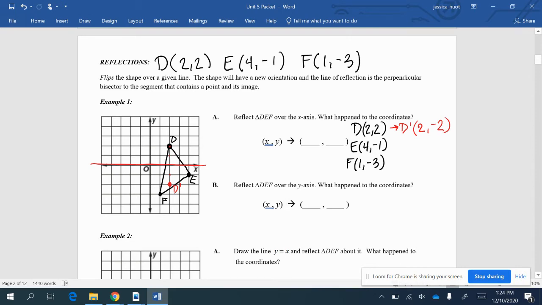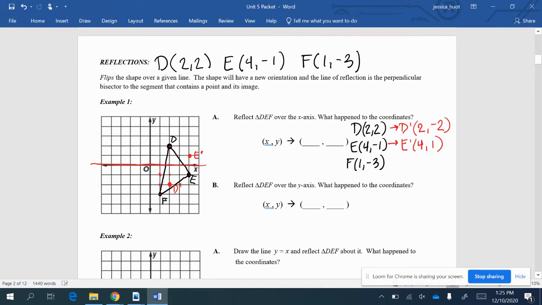For E, now we're going towards our line of reflection, so I need to go up towards the x-axis. 1, and then I hit my line of reflection, so I'm going 1 in the opposite direction. So E prime is at 4, positive 1. And then for F, go towards your line of reflection, 1, 2, 3.